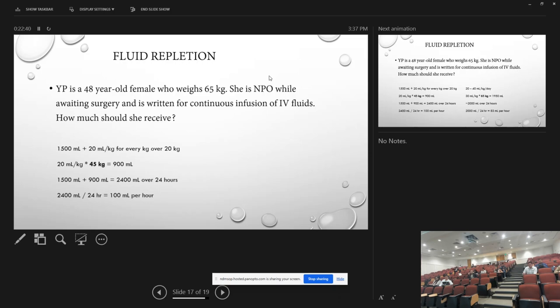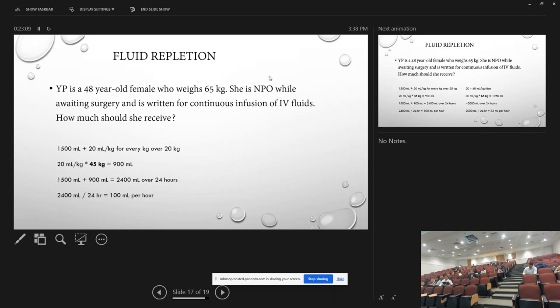So you have 1.5 liters plus 900 mils, about 2.5 liters over 24 hours. That would be her maintenance fluid. And that volume is actually pretty close to what I gave you initially, right? On the second slide when we talked about intake versus output. So that is a fairly normal adult input as far as fluid.